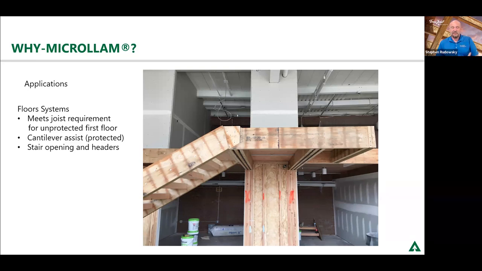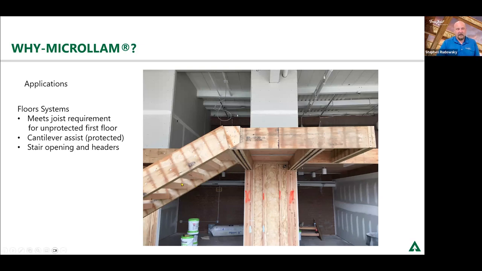So in this application, it would line up with the same burn rating as a 2x10. You wouldn't need to use sprinklers, any type of gypsum, wallboard, sheetrock, or OSB to protect the floor systems from any fire that's coming from an unprotected basement.